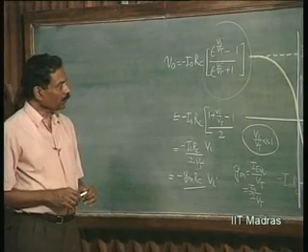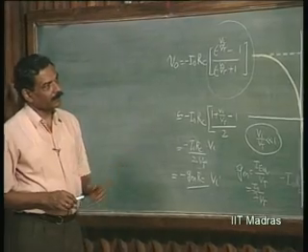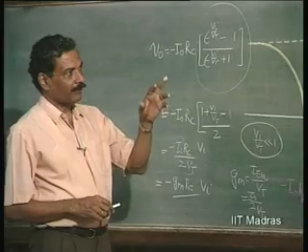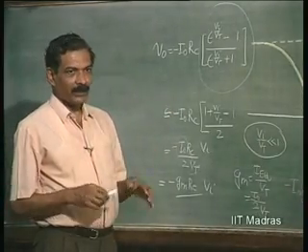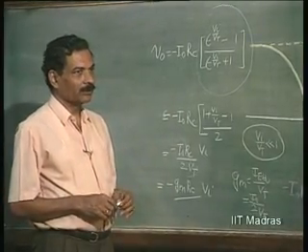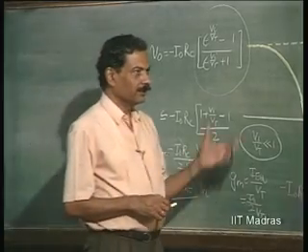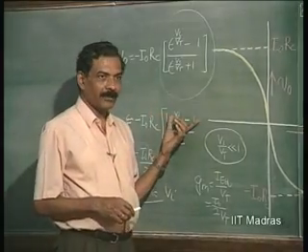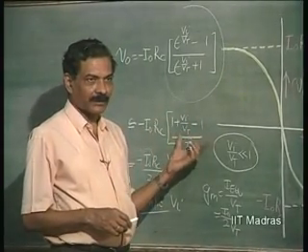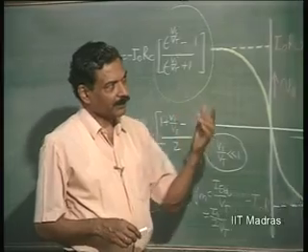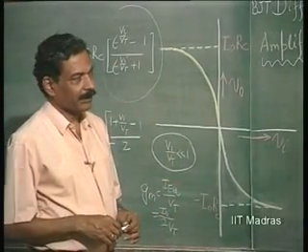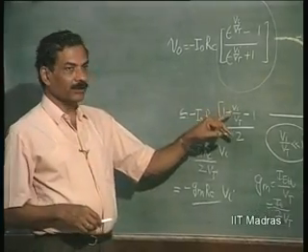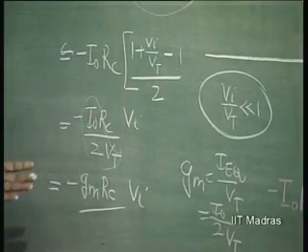Now, what is a hyperbolic tan function really speaking? Hyperbolic tan Vi by 2 Vt can also be expanded as what? Can you from this conclude what it is? Hyperbolic sine function by hyperbolic cos function. So, what is the hyperbolic tan function strictly speaking? It is true that we will have minus I0 RC into Vi by 2 Vt as the first term.